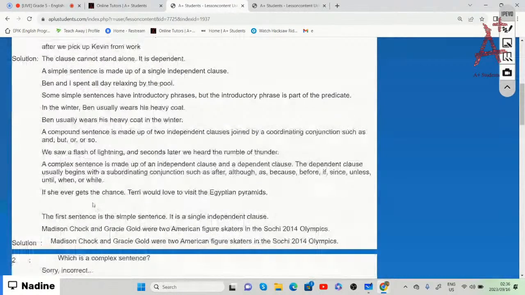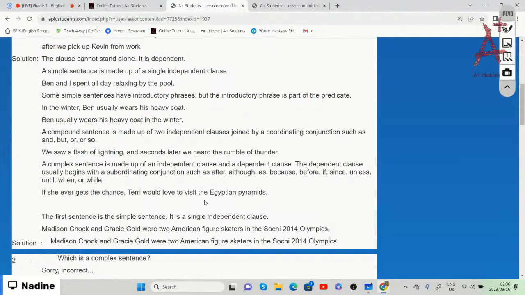A complex sentence is made up of an independent clause and a dependent clause, and the dependent clause usually begins with a subordinating conjunction. Remember, there's a difference between subordinating and coordinating conjunctions.